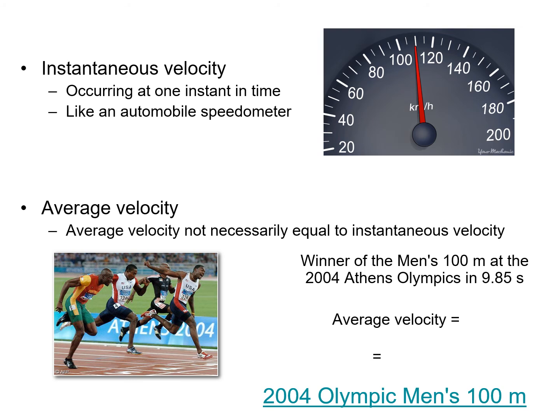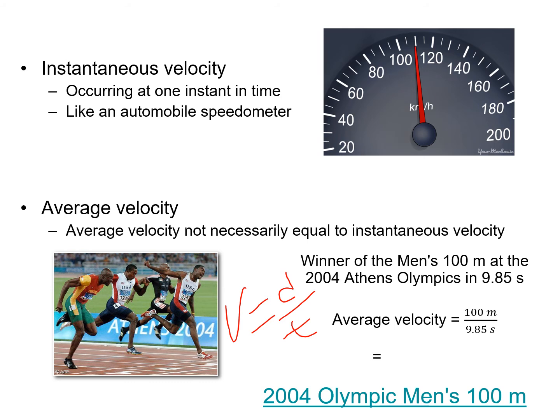When we look at the winner of the men's 100 meters at the 2004 Athens Olympics, they had a time of 9.85 seconds. So we can calculate their average velocity by applying velocity equals displacement over time.